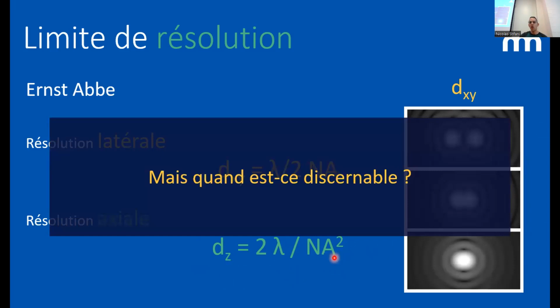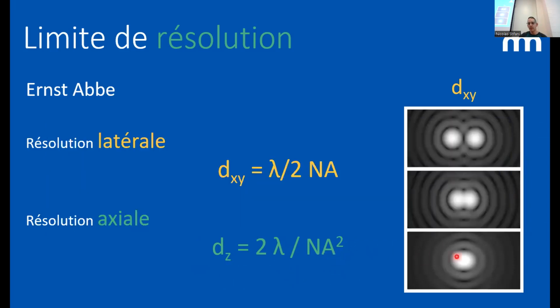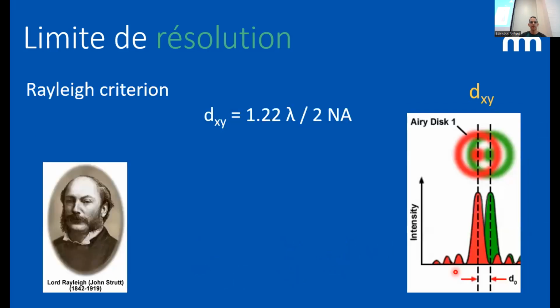So the question is now, when can we discriminate? What is the value here that tells me, okay, now I can see 2 peaks, or I can see only 1 peak? And surprisingly enough, it's not Ernest Abbe who decided that. It's another guy called John Strutt, and he was a lord, and he was Lord Rayleigh, and he made this criteria, and he said, when I have 2 peaks next to each other, if the highest of the second peak is within the draw of the first peak, then I can discriminate both of them.